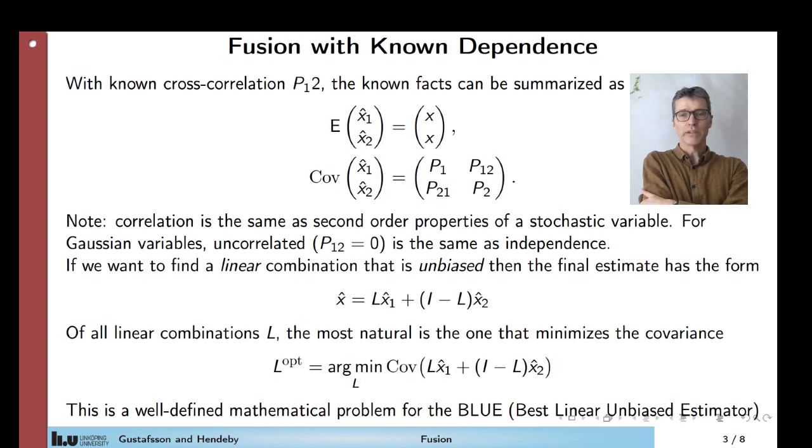And then we are looking for the linear combination, the L, that minimizes the covariance matrix of this estimator. And this is a well-defined algebraic problem, and I leave the solution of this as a home exercise. But at least we have seen a constructive way to compute the BLUE, the best linear unbiased estimator, for this full problem.